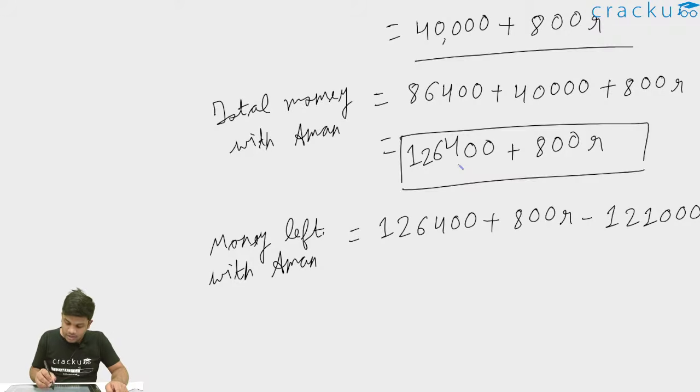Okay, this part is the money that Aman will get back from his friend, and this part is the amount that Aman has to repay back to the bank.